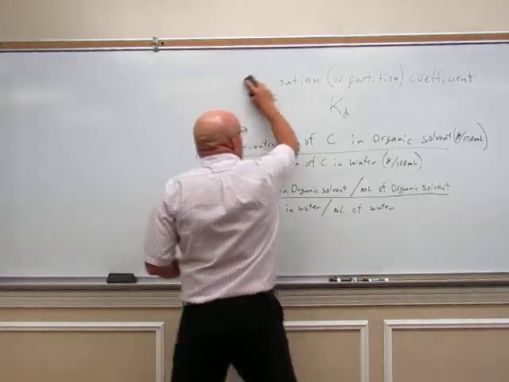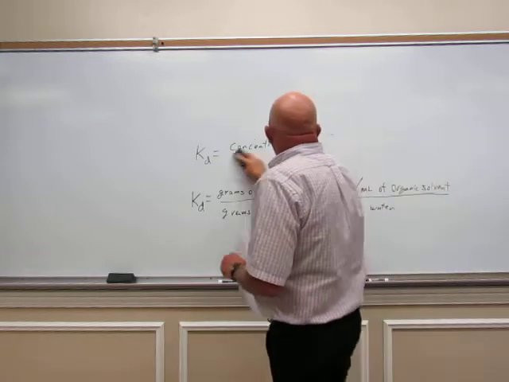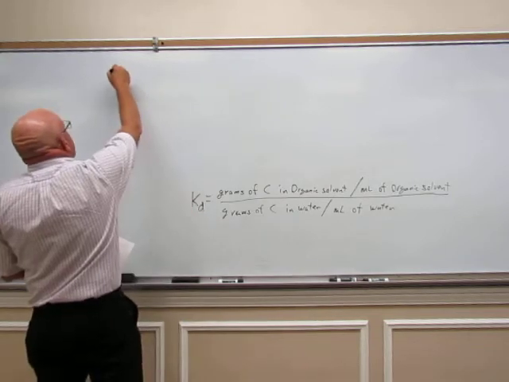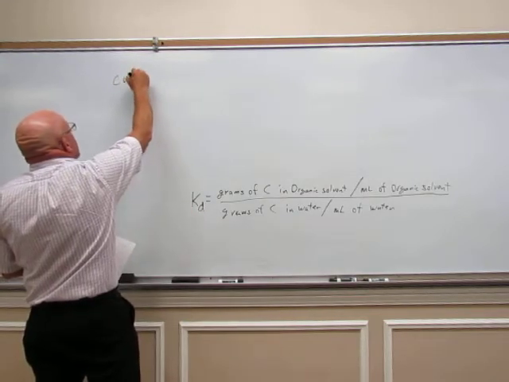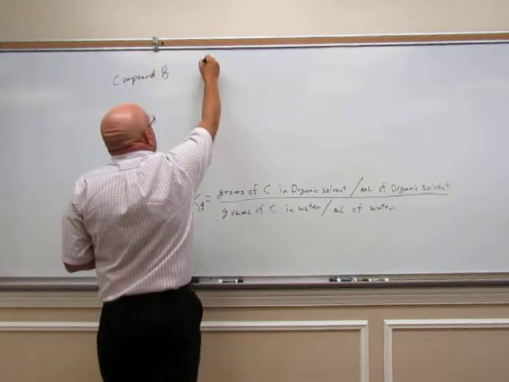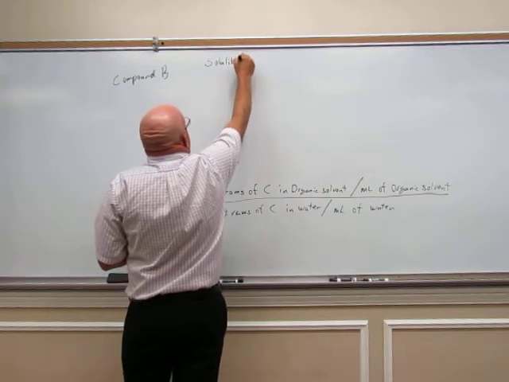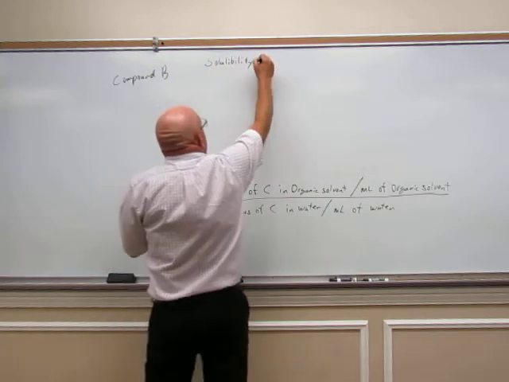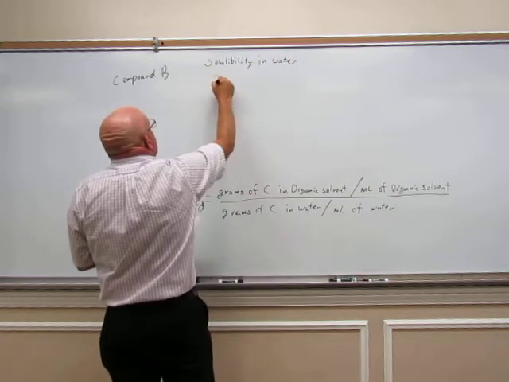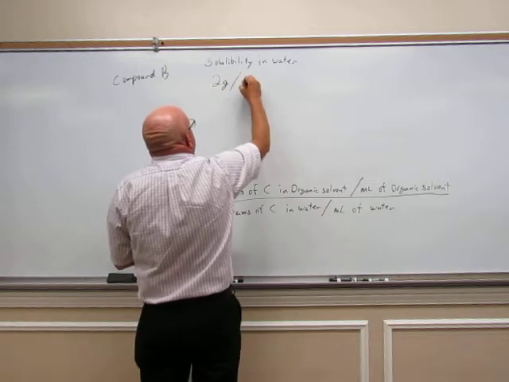Let's look at an example. Let's say we have some compound, I'll call it compound B, and let's say the solubility in water, there's 2 grams in 100 milliliters of water.